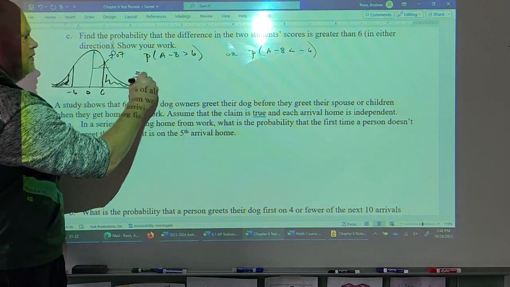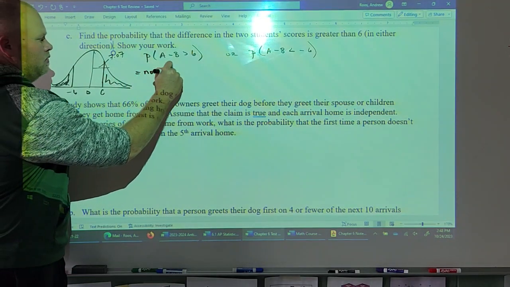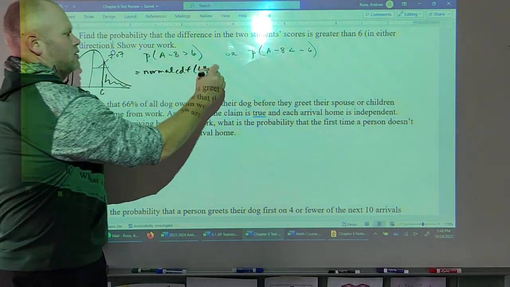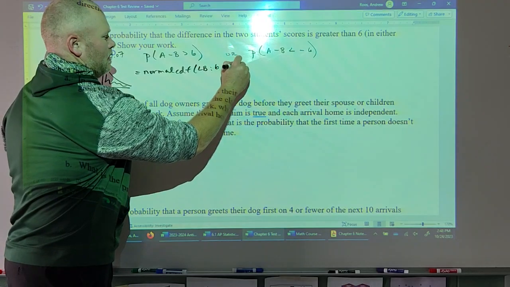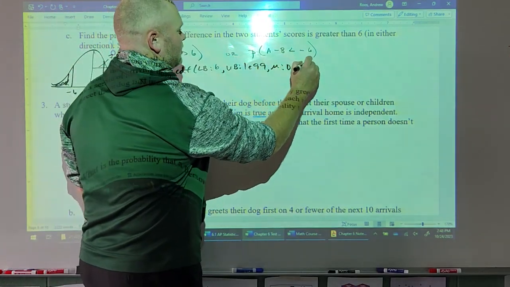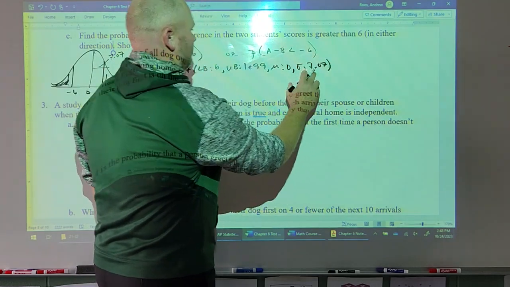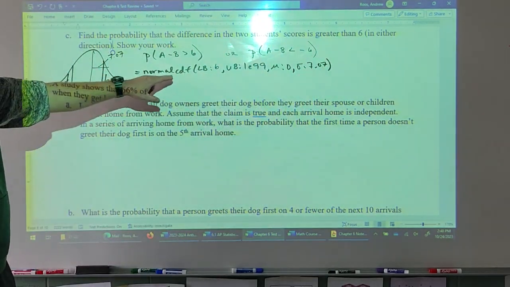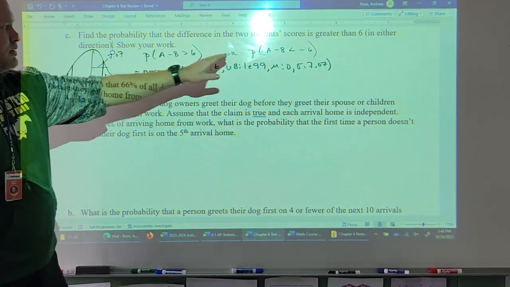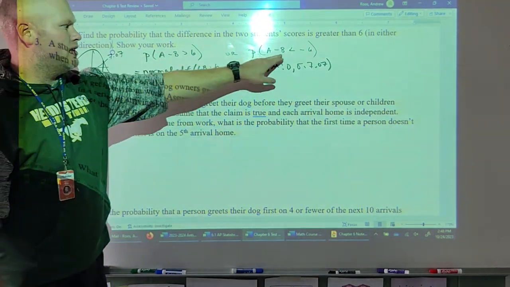So for this one, normal CDF, greater than 6, so lower bound 6, upper bound positive infinity, mean 0, standard deviation 7.07. So this would be for this calculation, and because it's or, we'd want to add that to this calculation.